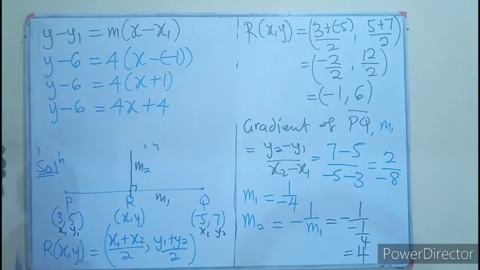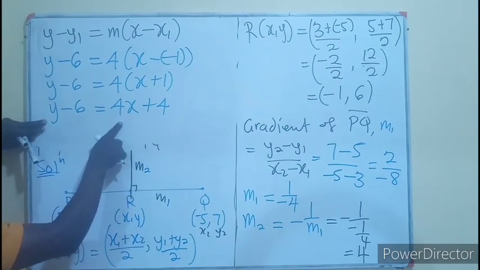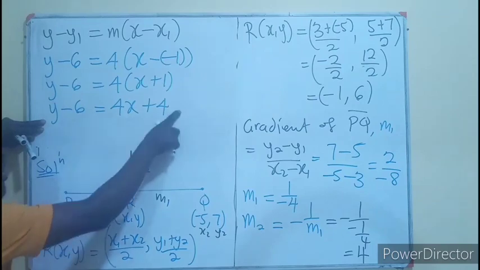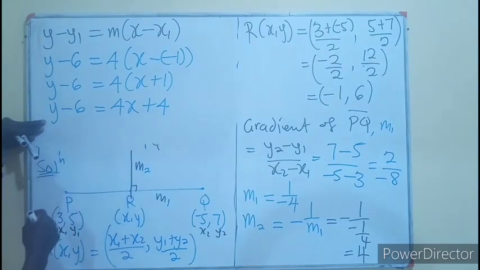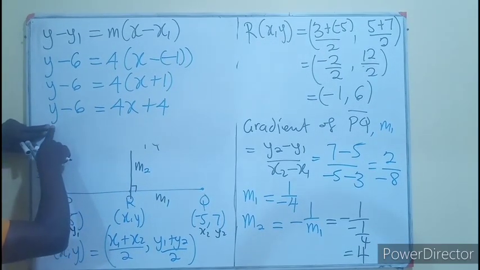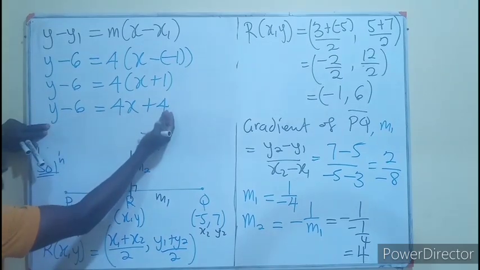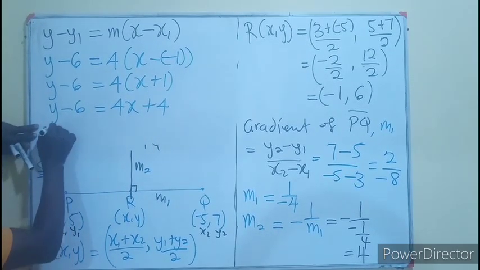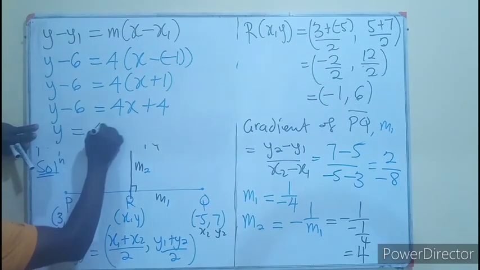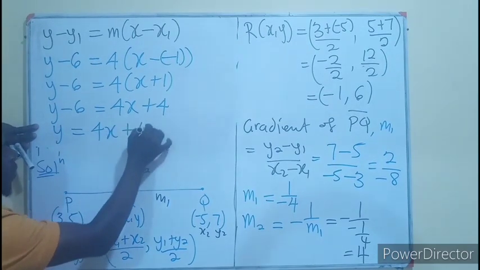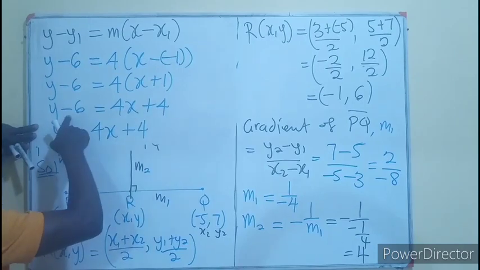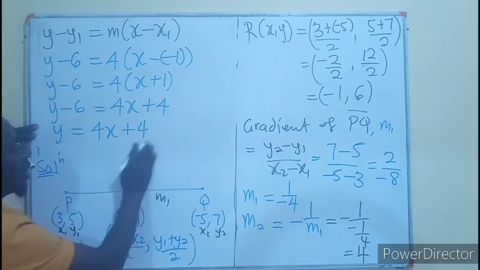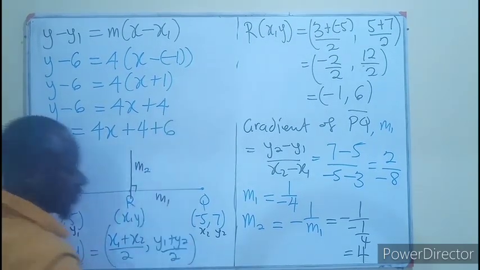4. What next? We can either send this away so that we have the equation of the line with y starting, or we push everything to one side to have it in the standard form. But we can have y minus 6 equals 4x plus 4. Then we add 6 to both sides.